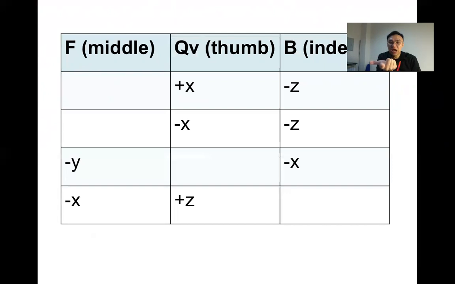As you can see here, my thumb is going up. Again, I will repeat: I will have positive X here, and negative Z is into the page, which is my index finger. Look at where my thumb is. My thumb is going up, so here I will have positive Y.